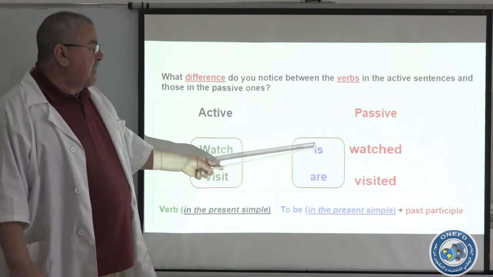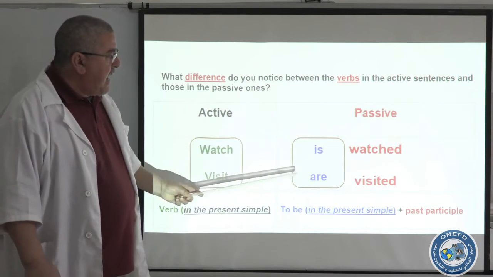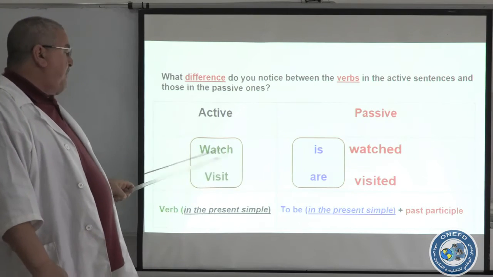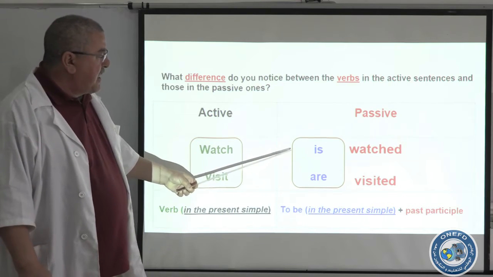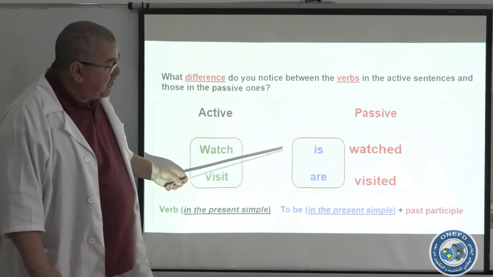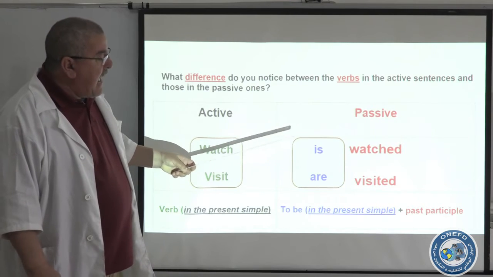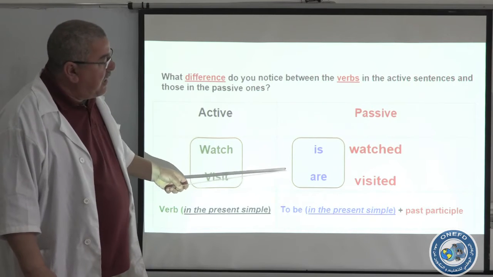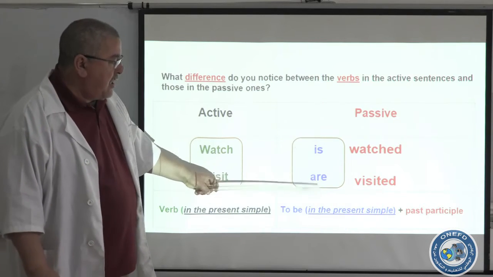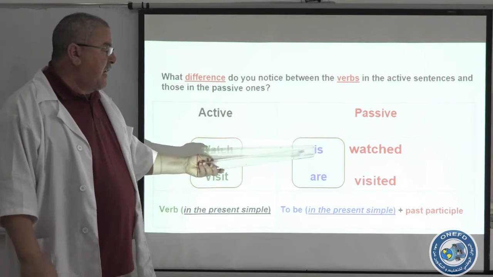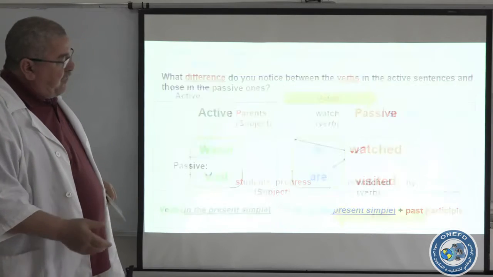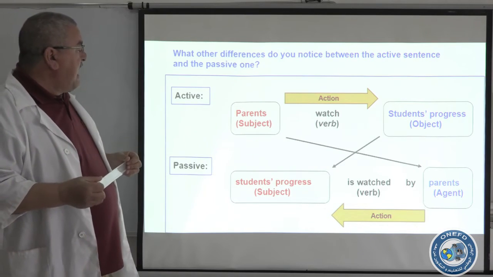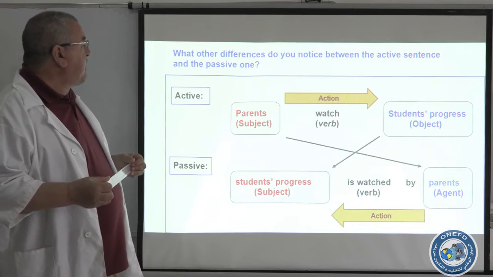Here is to be again, and here is the past participle. Now, you will notice that we have is singular here, and are plural here. Why? It's because of the subject. Students' progress is singular, and schools are visited. Schools is plural. This is why we select either is or are. As for the tense, it is present. Now let's analyze more these two types of sentences.